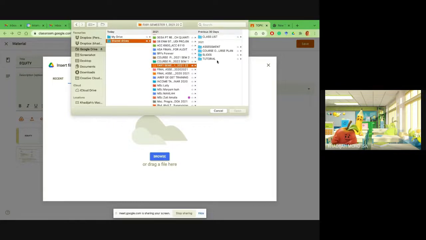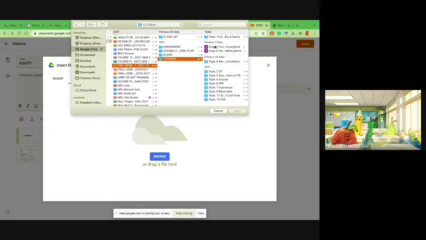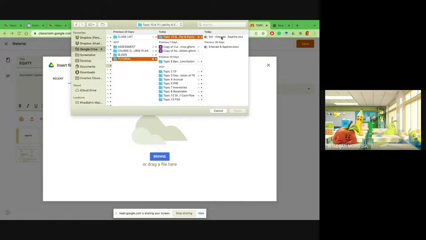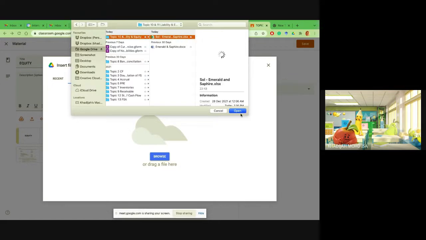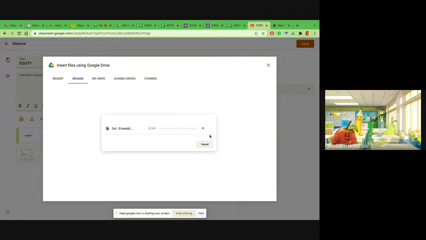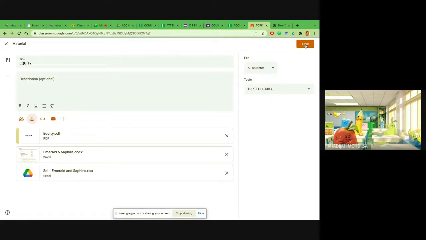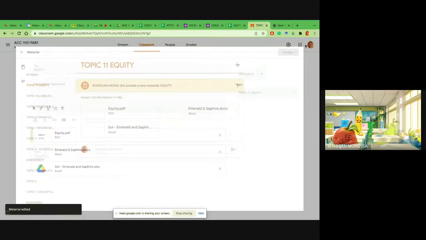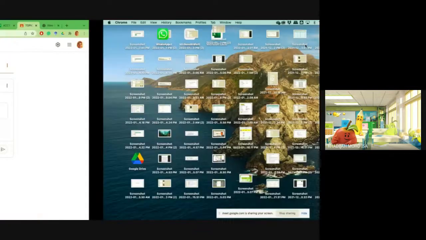Tutorial topic 10, and this is the solution. It's already there, so please do the question again, because definitely this will be in your final exam.